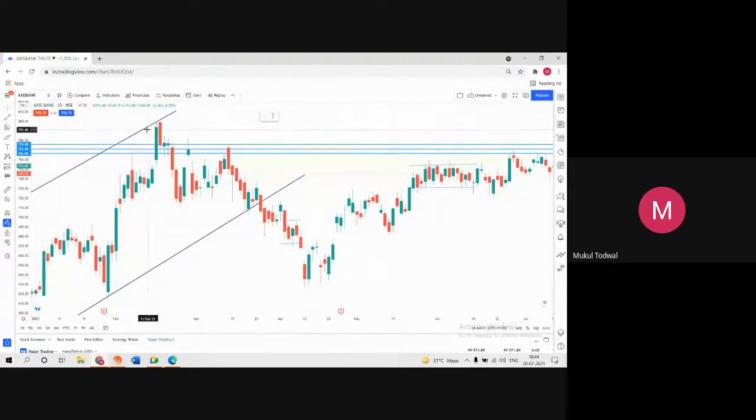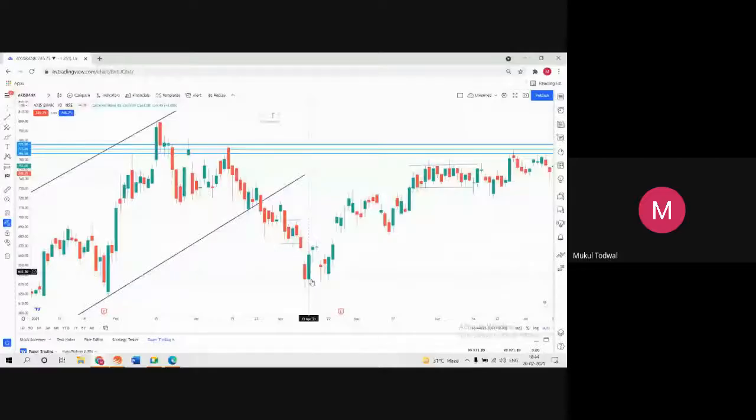If this happens in a downward trend, where a red candle is formed and the immediate next green candle is of such a huge size that it completely covers the previous red candle, then it is known as a bullish engulfing candlestick.